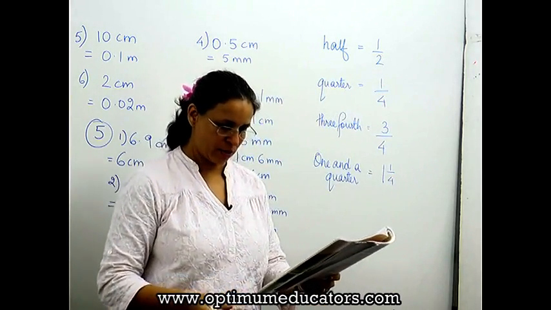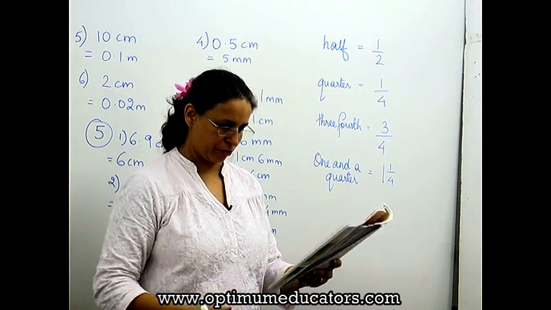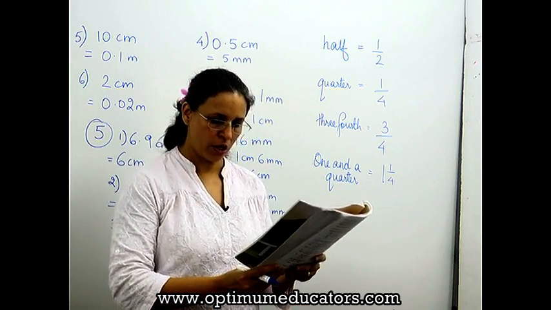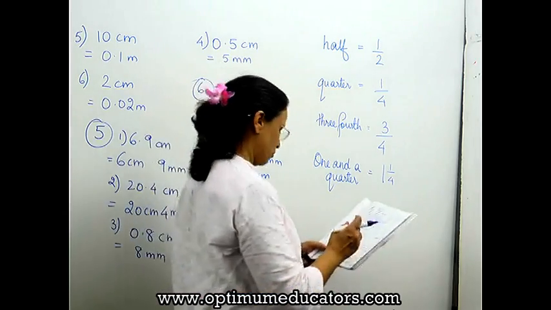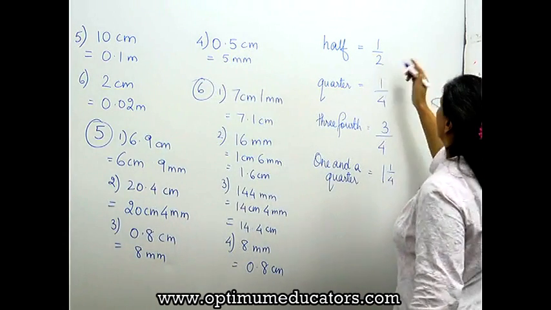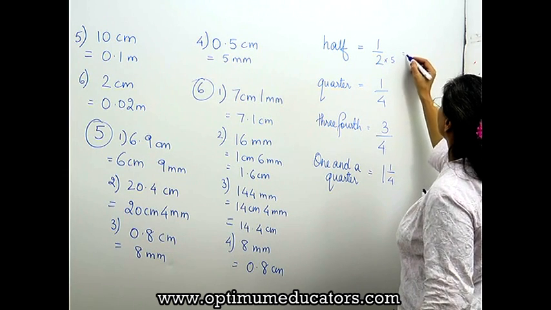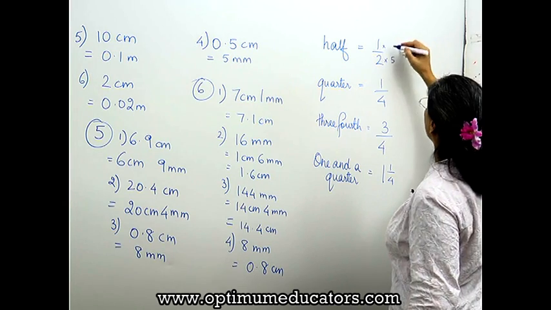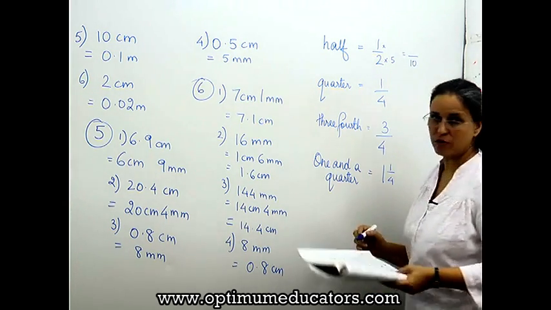Now, how will we write this in the decimal form? When we want to write half, you know that half must be converted into an equivalent fraction with denominator 10. So, now this if we have to convert into denominator 10, how will we make it? 2 multiplied by 5 will give us 10 and 1 multiplied by how much will we have to do?